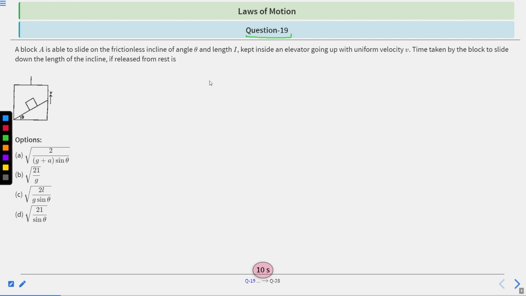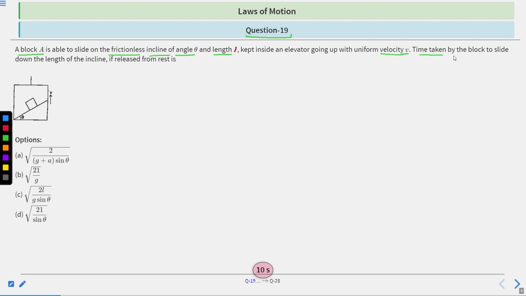So the question is: a block A is able to slide on a frictionless incline of angle theta and length L, kept inside an elevator going up with uniform velocity v.